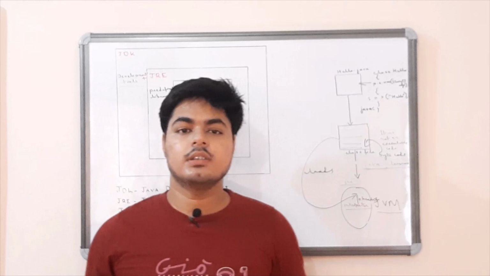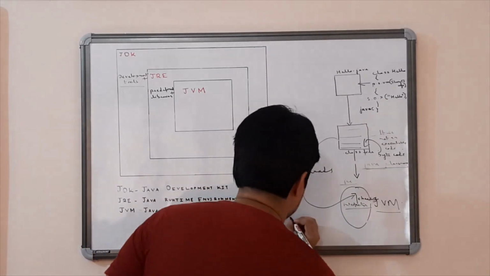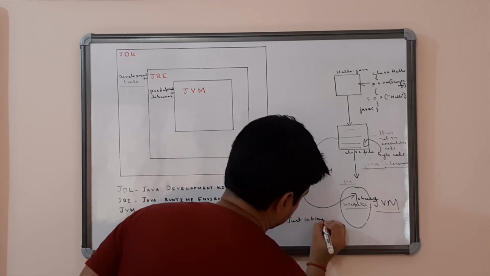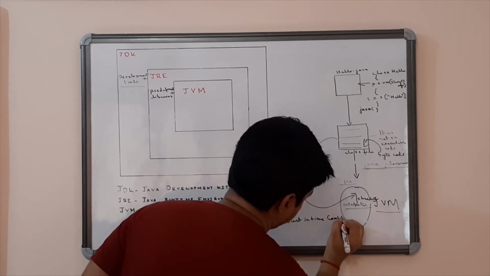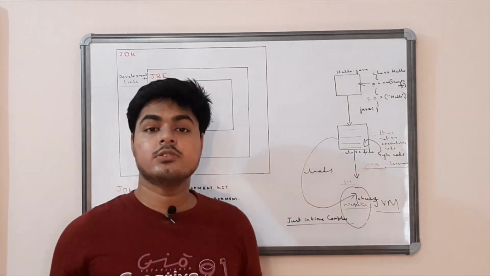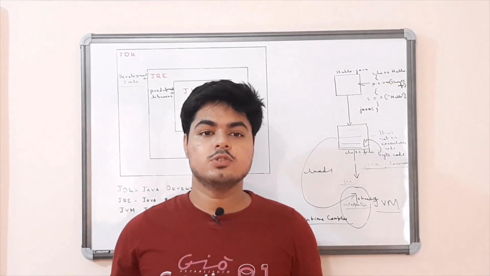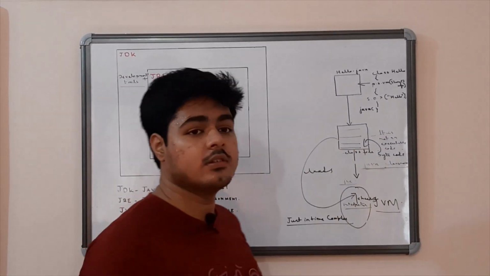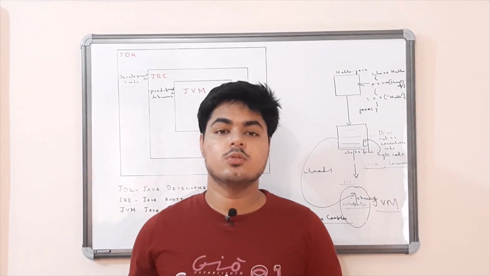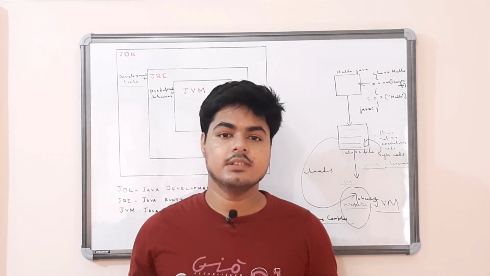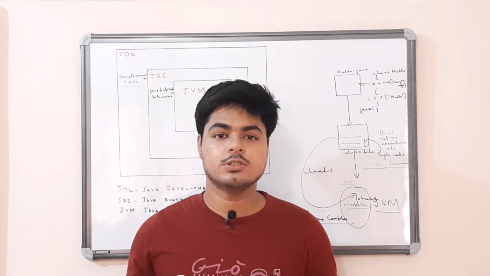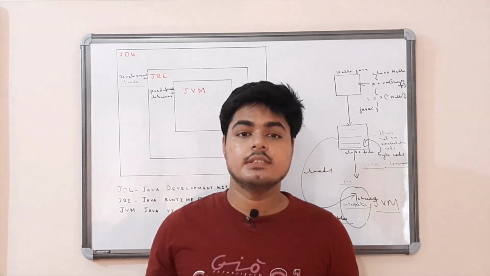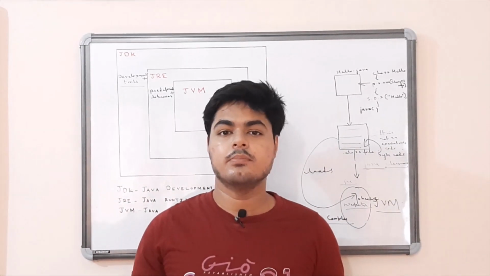Now you have often heard of the JIT compiler, that is the just-in-time compiler. This was introduced in JDK 1.1 to speed up the execution process. Suppose our bytecode contains a certain piece of code which gets repeated many times in the program, also known as a hotspot. The just-in-time compiler converts it into native code that is understood by the computer.